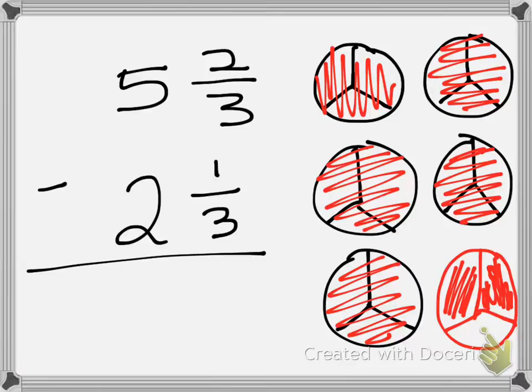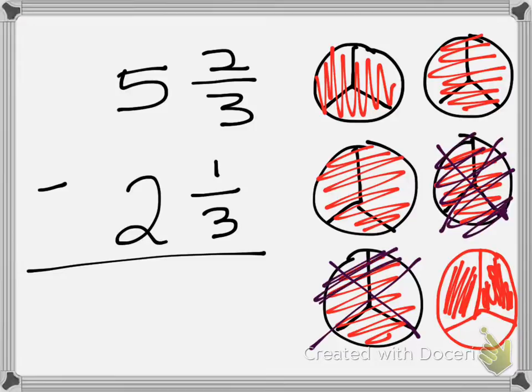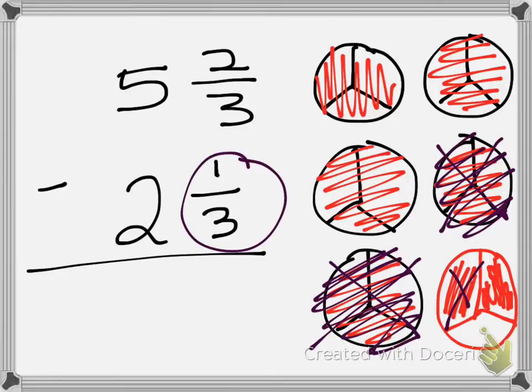So I'm going to go ahead and get rid of 2 wholes. There's 1, there's 2. Those are gone. And then I need to take care of the 1/3, so I'm just going to cross that out. So then what I'm left with is 1, 2, 3 wholes and 1/3 fractional part.